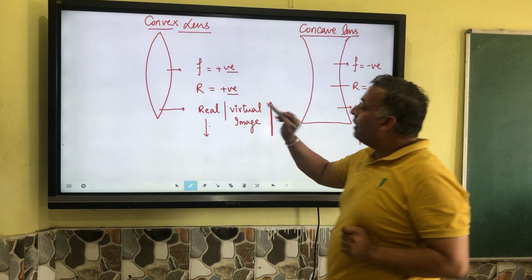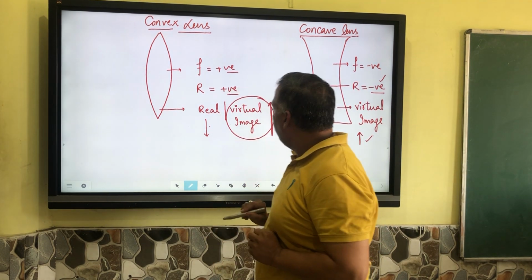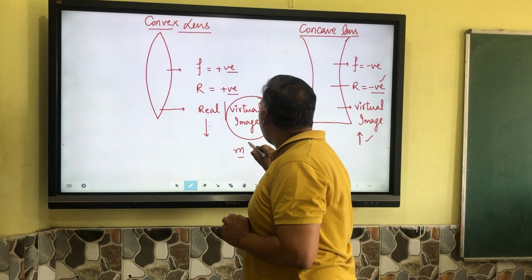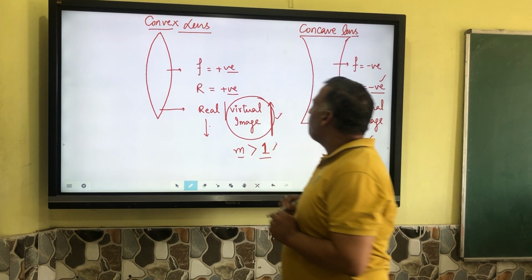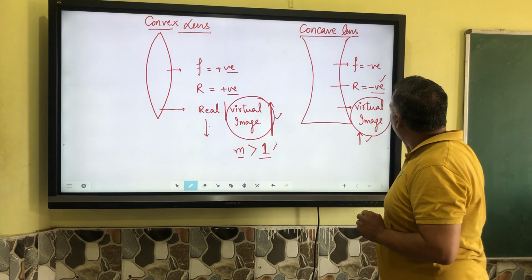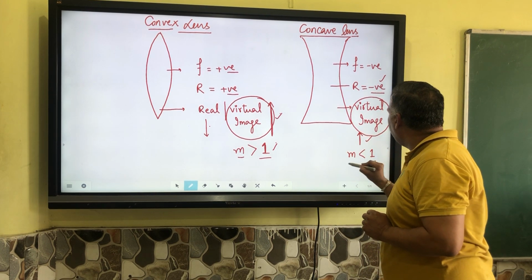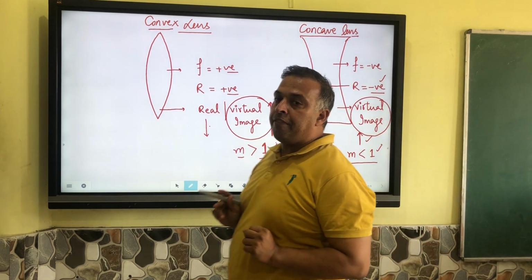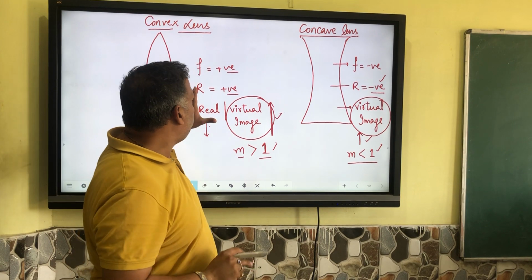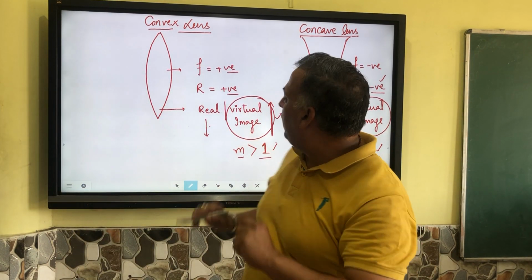In this case, when the virtual image is formed, its magnification is always greater than 1. Here, when the virtual image is formed, its magnification is always less than 1. So this is the difference in the virtual image formed by the two. One is forming a magnified image, one is forming a diminished image.